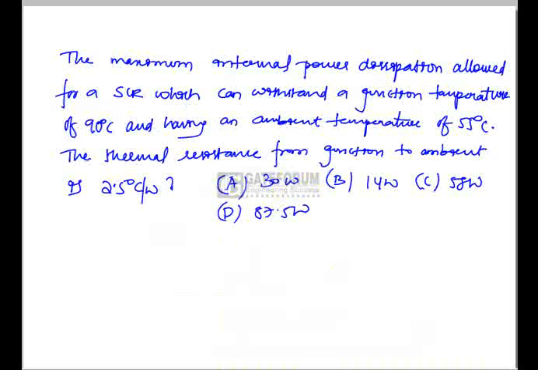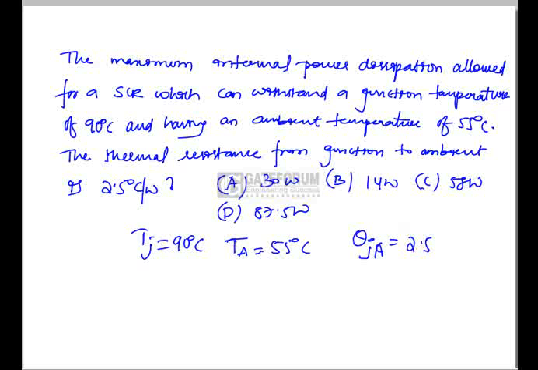In this question, the maximum internal power dissipation allowed for an SCR, which can withstand a junction temperature of 90 degrees. He has given Tj as 90 degrees centigrade and an ambient temperature, let us take it as TA, of 55 degrees centigrade, and the thermal resistance theta JA between junction and ambient is 2.5 degrees centigrade per watt.